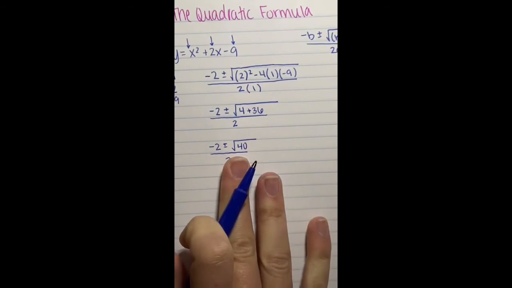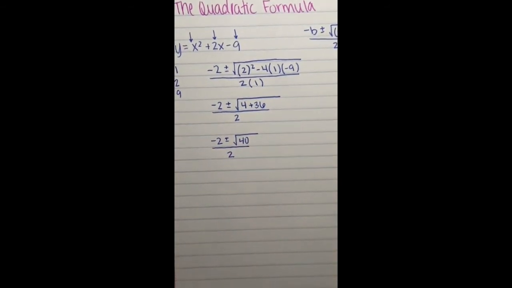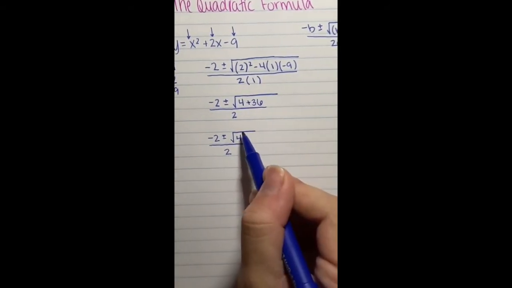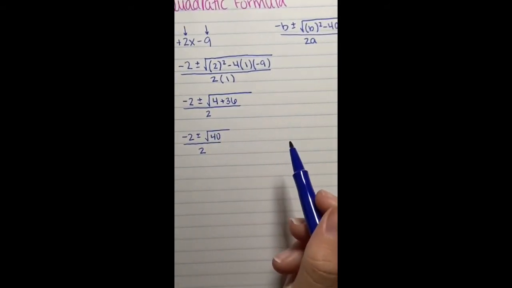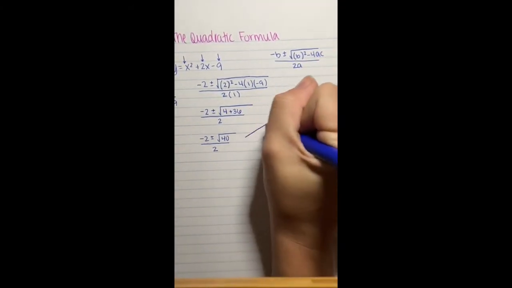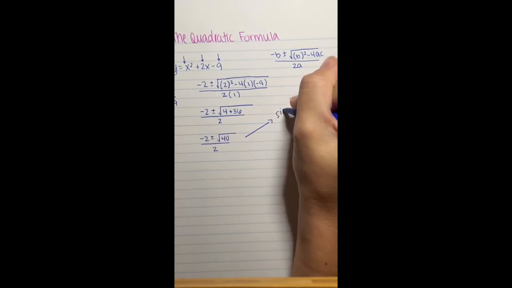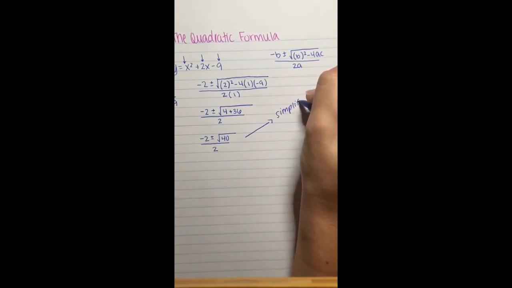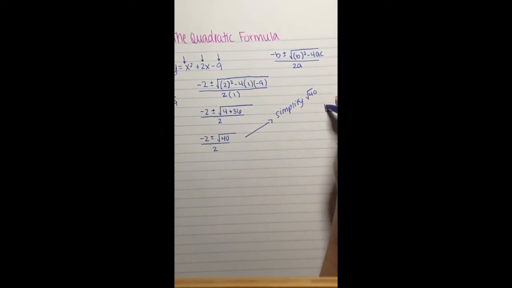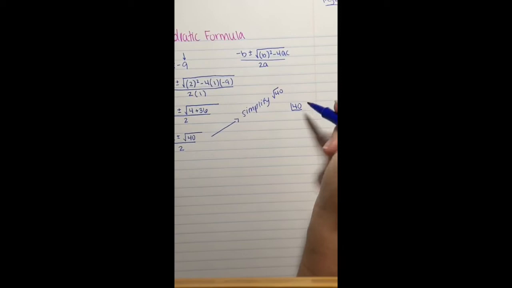Now this looks great, but from our lesson from the other day, we now know how to simplify radicals. So we need to see if 40 can be simplified. So we're just going to scooch on over on our paper, and I'm going to simplify the square root of 40. So that means we take 40 in our backwards box, take prime numbers only.